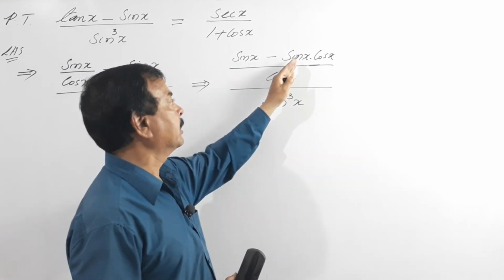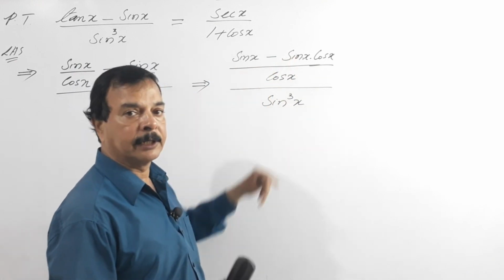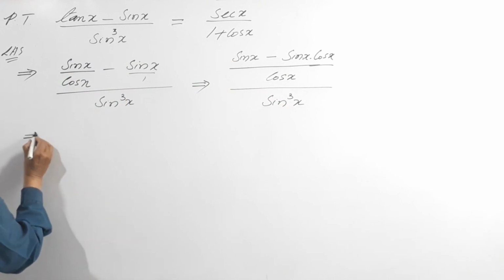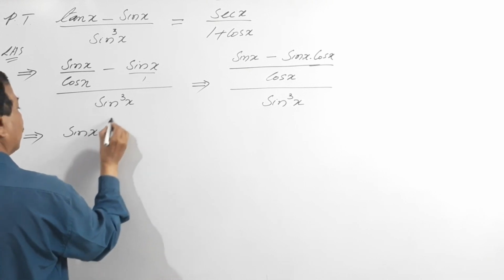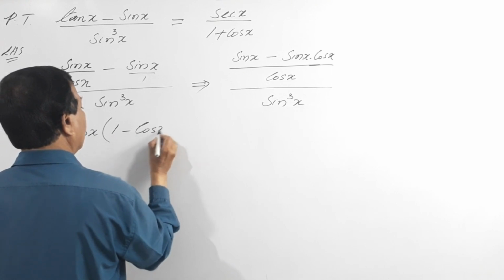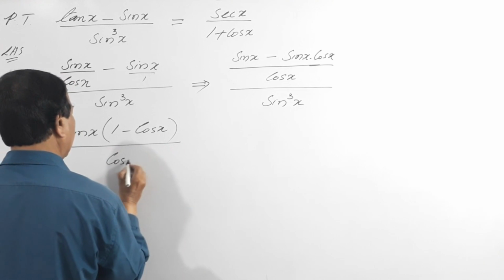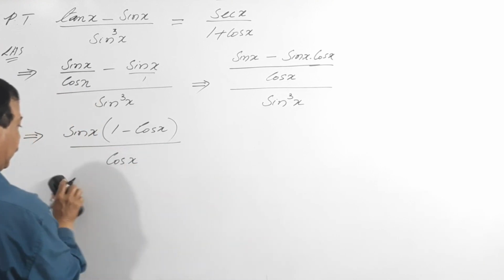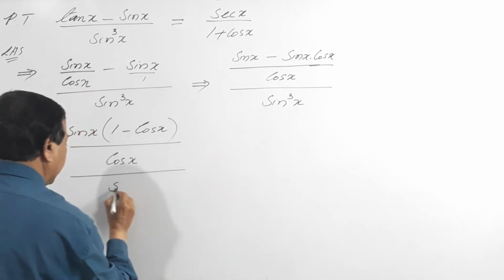The moment you get sin x common, try to remove it, and that sin x and this get cancelled here. Look at this. So this equals to what? In the numerator I take sin x as common, so you get 1 minus cos x divided by cos x and this is sin cube x.